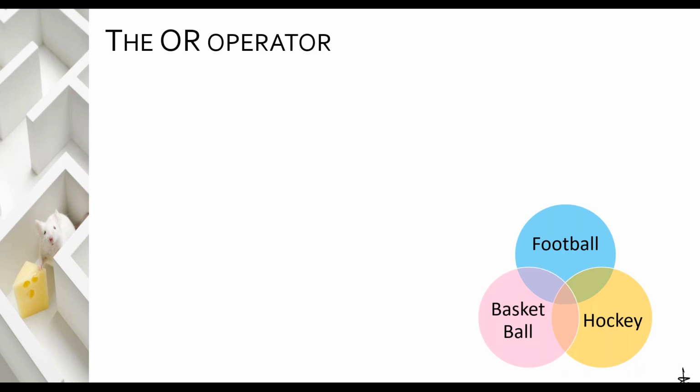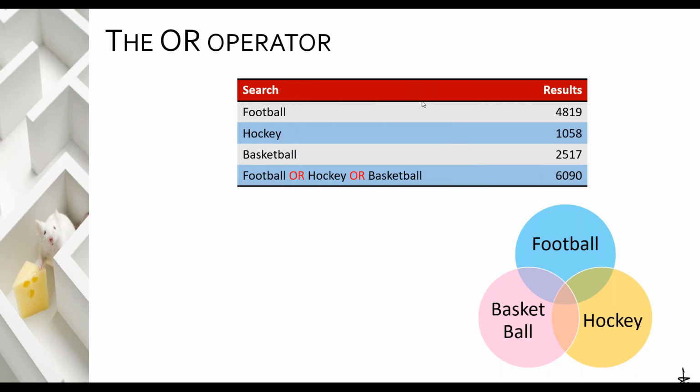So the OR operator: if I'm going to look for people who play football or hockey or basketball, that means OR is an additive operator. It adds all of these different people.